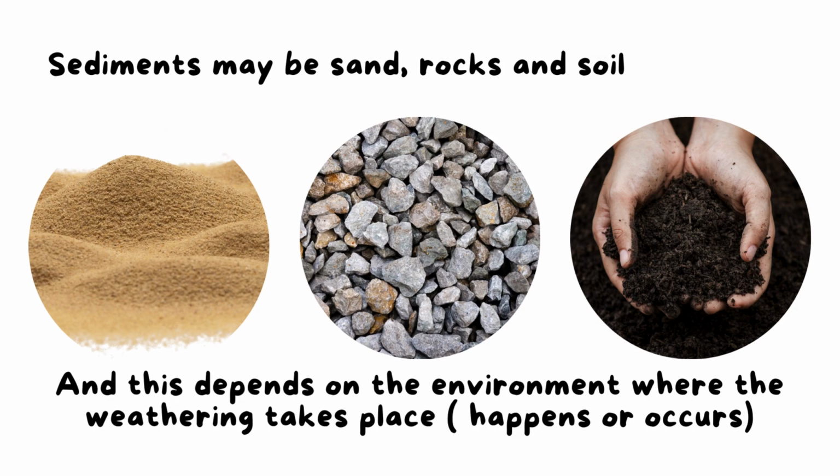If the weathering is happening in coastal rocks, these rocks may be broken into smaller rocks, okay? If the weathering is happening in a land that has plants, these rocks in this place may be broken into soil, into small particles, okay?